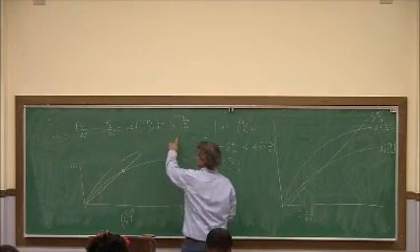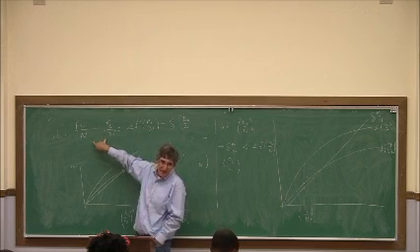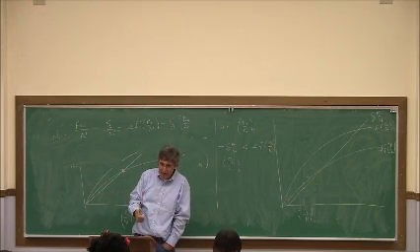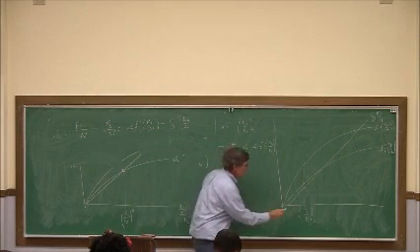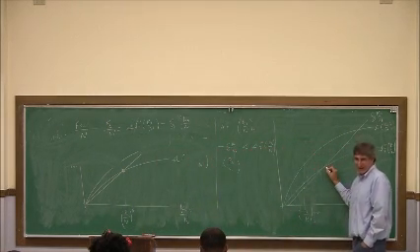So if this is bigger than this, what's happening to the capital stock? It's increasing. K over n is going up. So we'll move in that direction until we hit what?